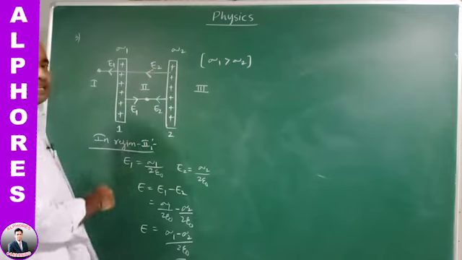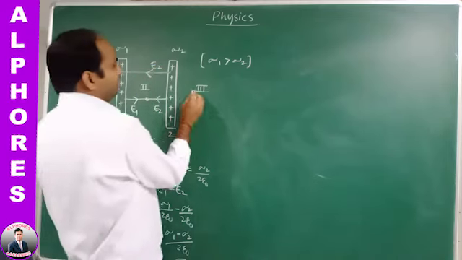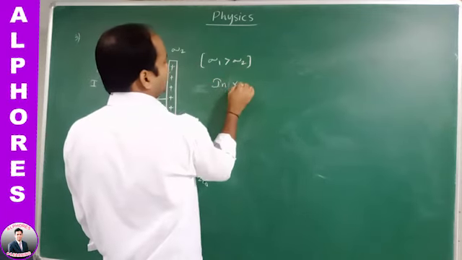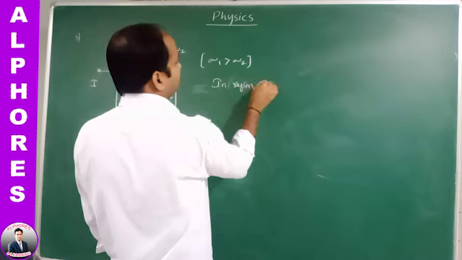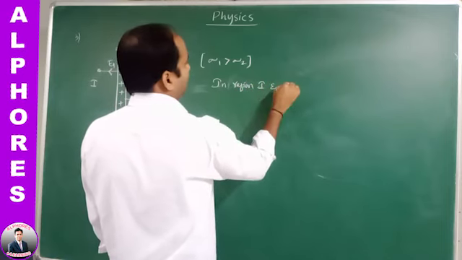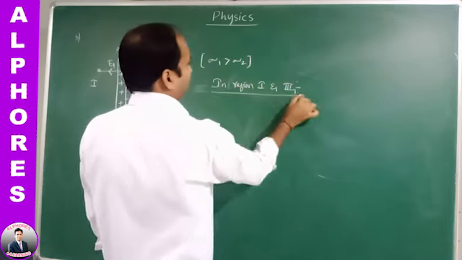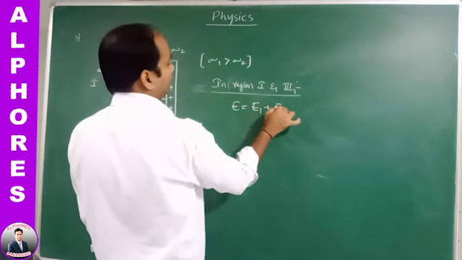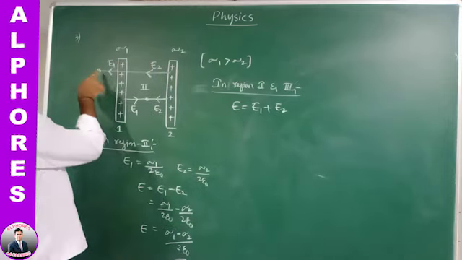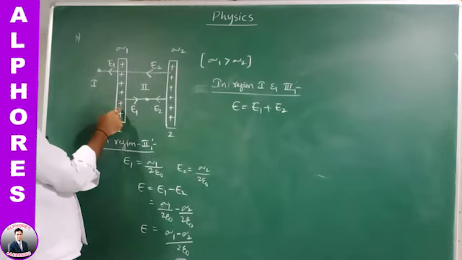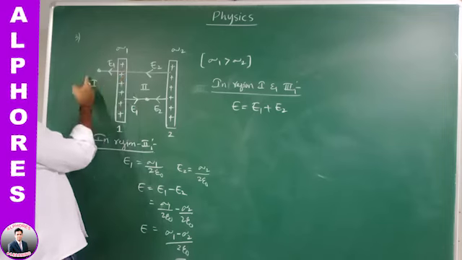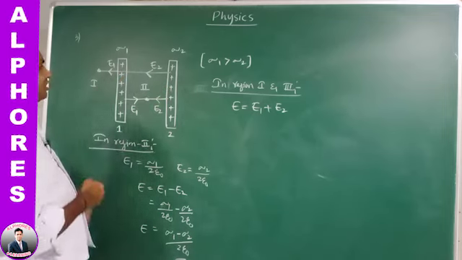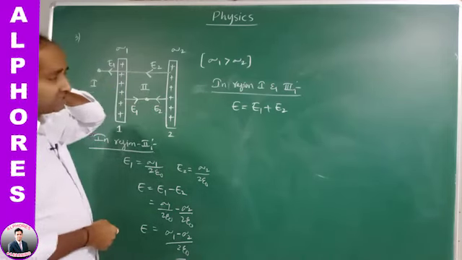Both are in the same direction. So the electric field intensity in regions 1 and 3 is the same, with E equal to E1 plus E2. In region 1, the field due to the first plane sheet is radially outwards, and by the second plane sheet also radially outwards. If you observe the directions, both are the same.